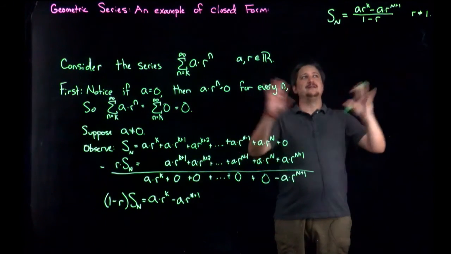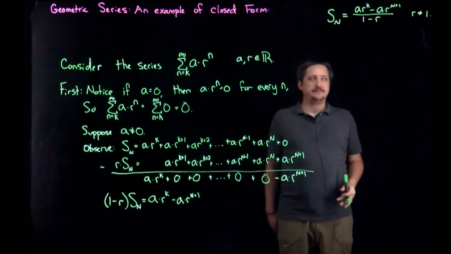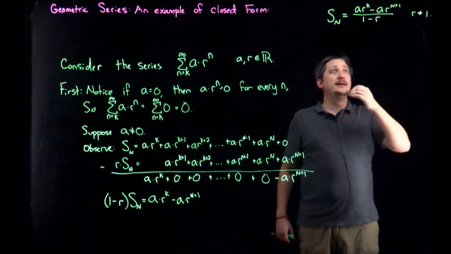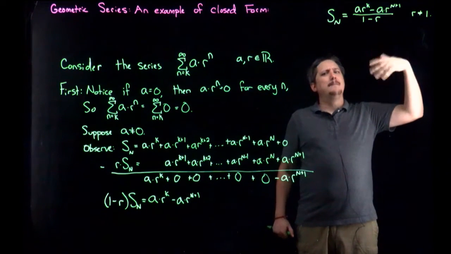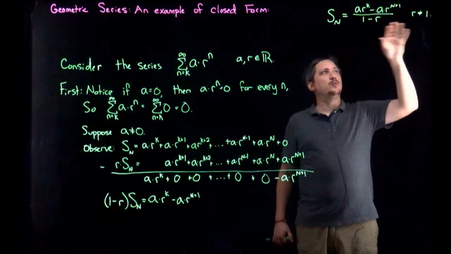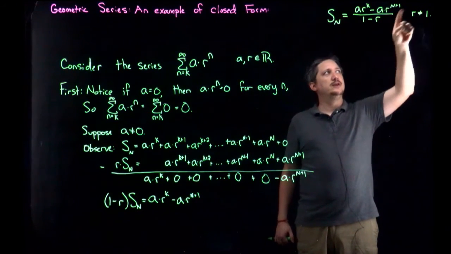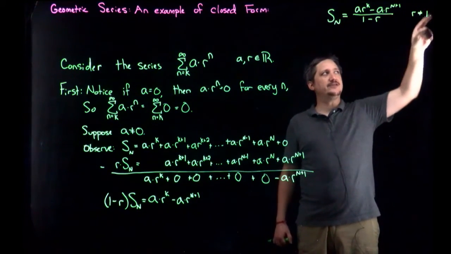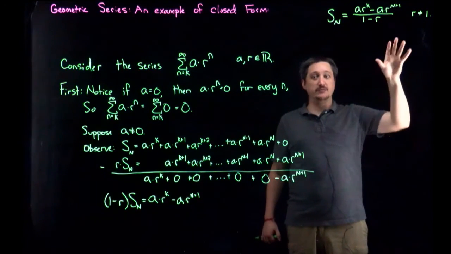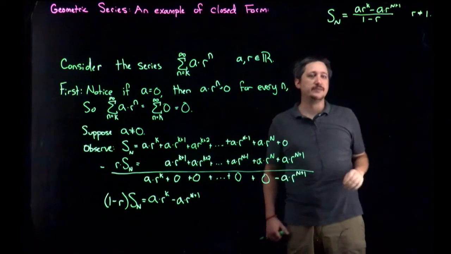Who knows what's going to happen at that point? So I'm going to make this note that r is not 1, with the understanding that I'll come back to that later. A case has fallen away that I should address later if I can. Right now I'm just going to leave it off to the side. I'll come back to it, okay?